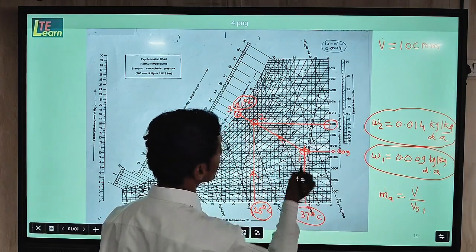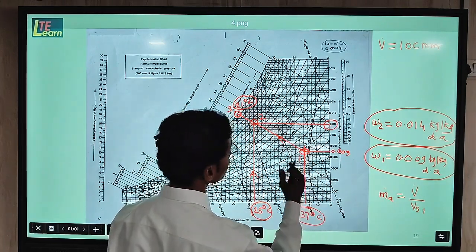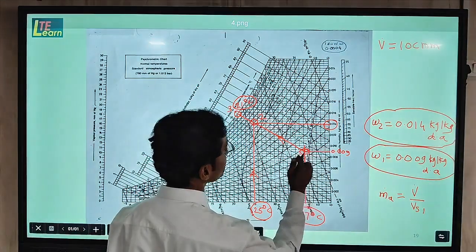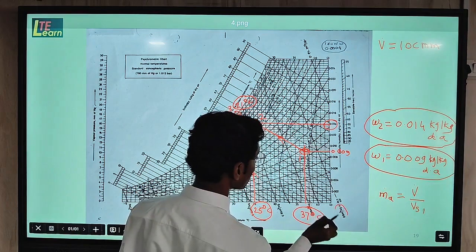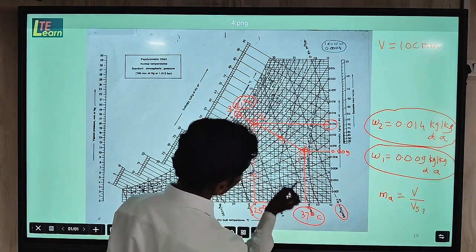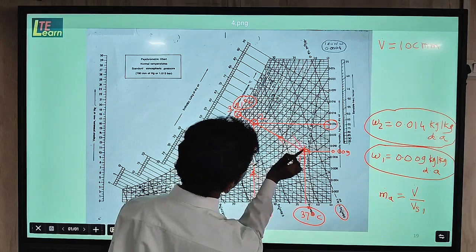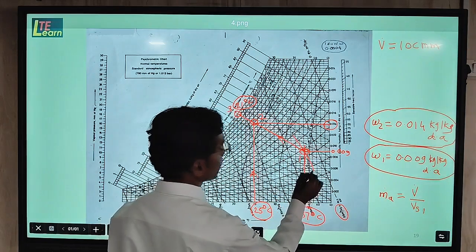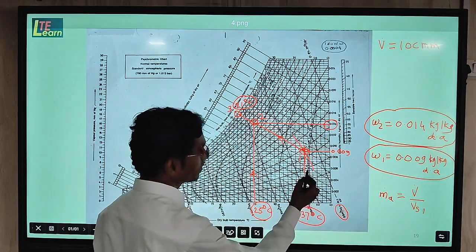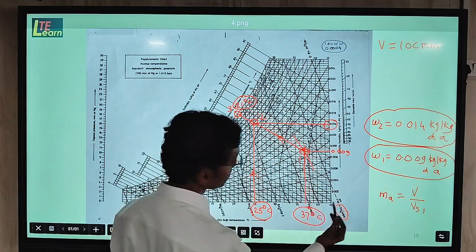So for that purpose we have to do the process. The process is: draw the line parallel to the specific volume lines on both sides of this point. So here you will find the specific volume line, this line, and here one line also you find. To these lines you draw the parallel line. This line, if you observe, it is coming at the half of these two.